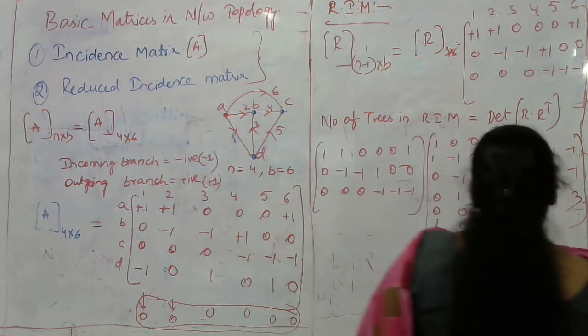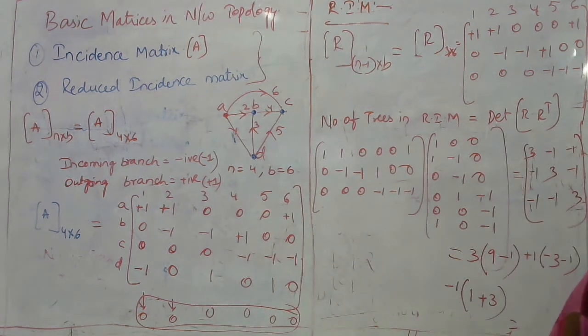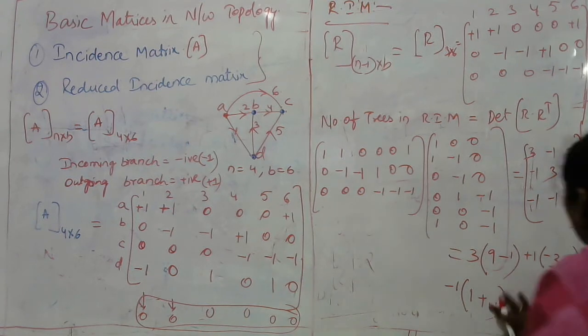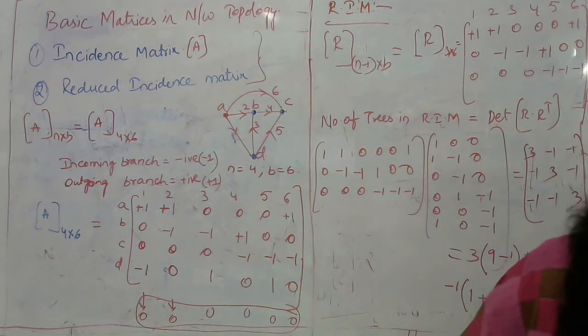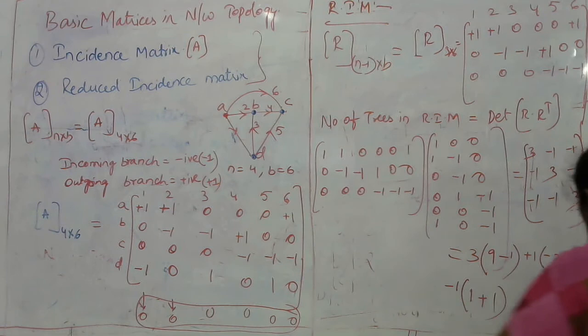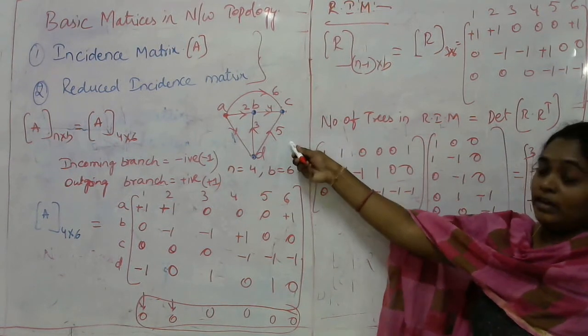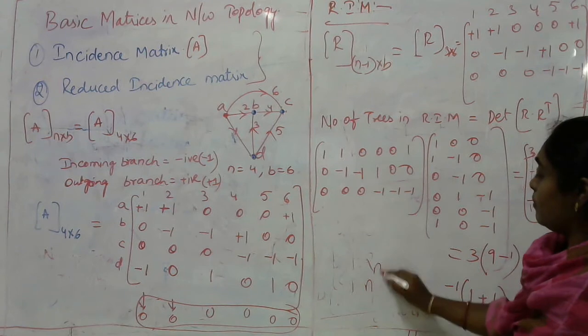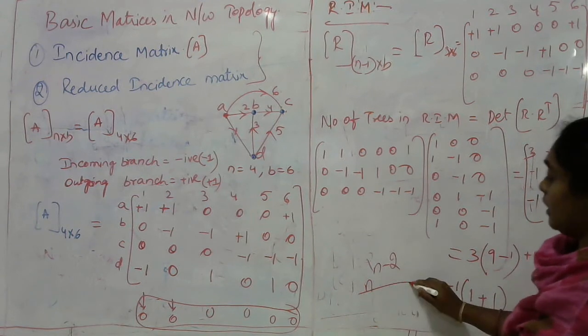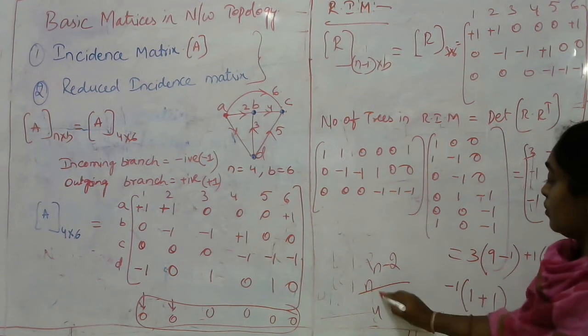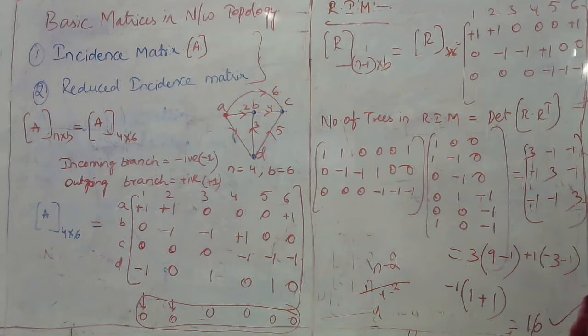So if you simplify this, we'll be getting 3 of 9 into minus 1, plus 1 of minus 3 into minus 1, minus of 1 plus 1 into 1, and we'll be getting the total number of trees, which is equivalent to 16. As the given graph is a complete graph, even by using the formula n into n power n minus 2, which is nothing but 4 to the power 4 minus 2, we get 16.